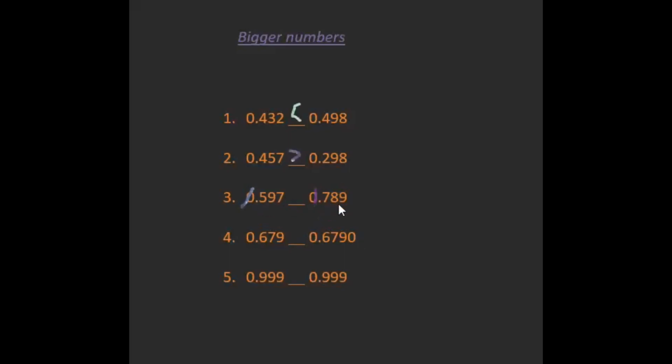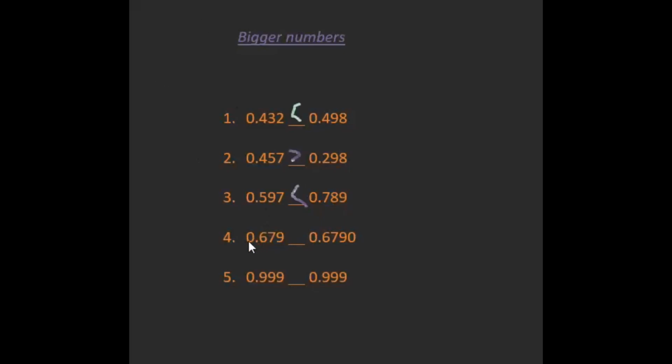So that also should mean that 0 and 789 thousandths is greater than 0 and 597 thousandths. Because again, 789 is greater than 597, and the same should apply to the decimals.